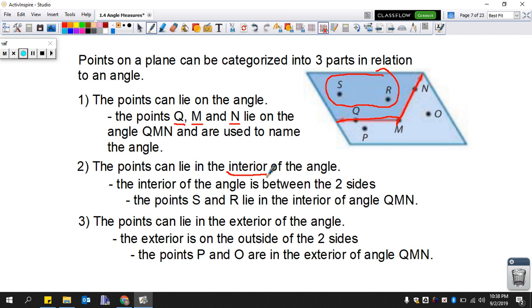Those are on the inside of the angle. And if they're not on the inside of the angle, they're on the outside of the angle. That would be the exterior, and points O and P in the lighter blue shaded part of the plane are on the exterior of that angle.